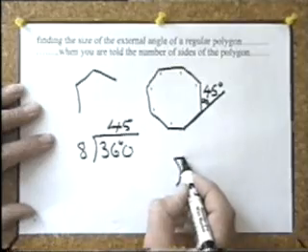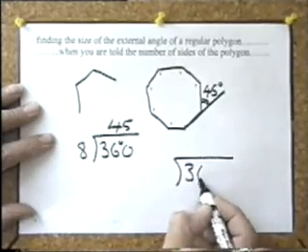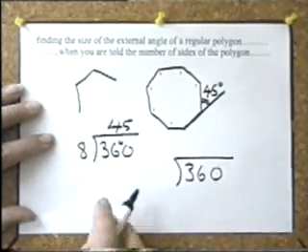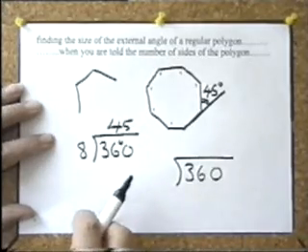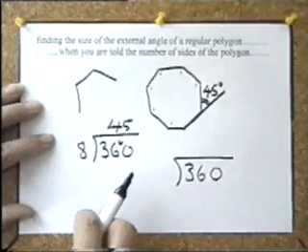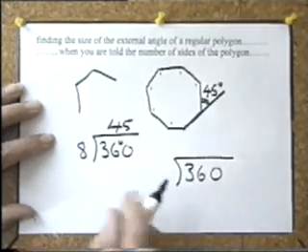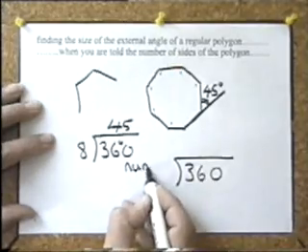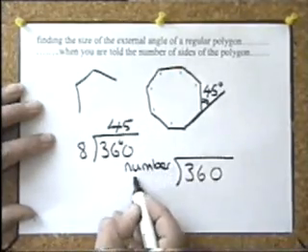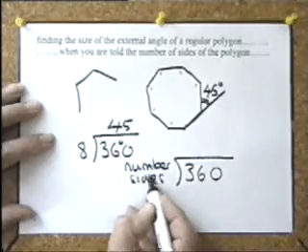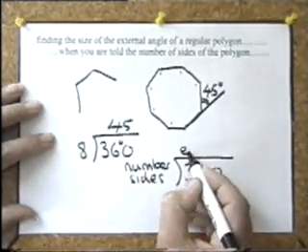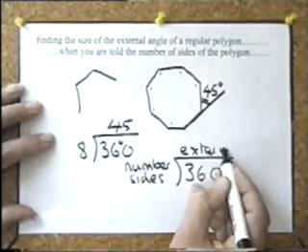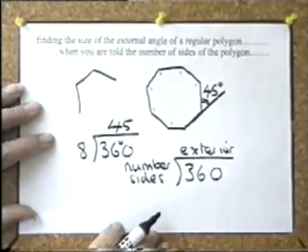So if you take 360 degrees and you're dealing with a regular polygon, where all the sides are the same and all the angles are the same, if you divide 360 by the number of sides of the regular polygon, then you will be working out the exterior angle of that regular polygon.